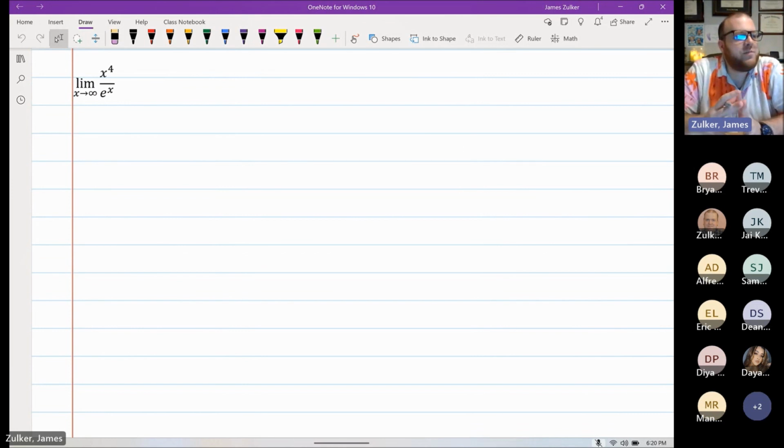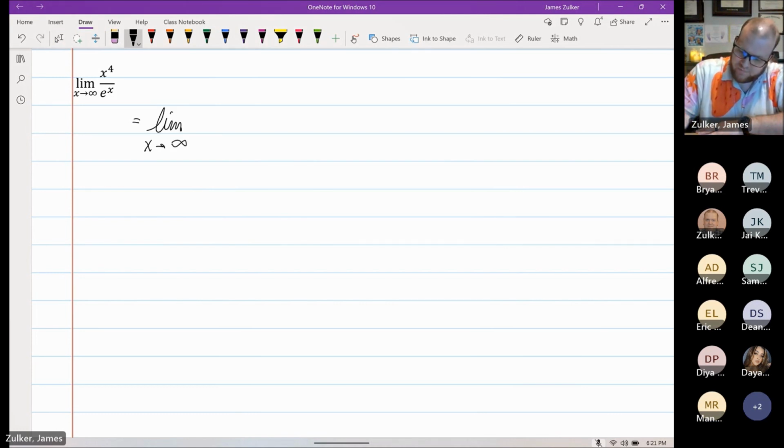All right, so limit as x approaches infinity, x to the fourth over e to the x. You're going to get infinity over infinity. That is a L'Hopital form, right? For x cubed over e to the x, you still get infinity over infinity. L'Hopital again.